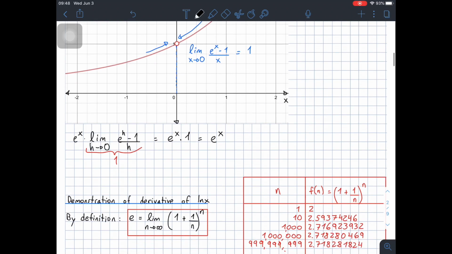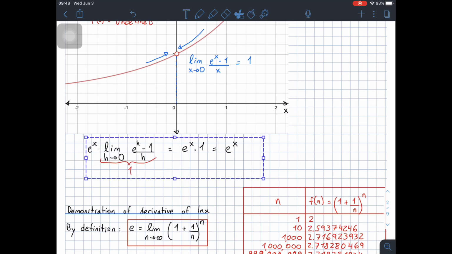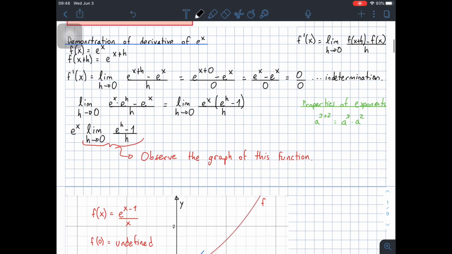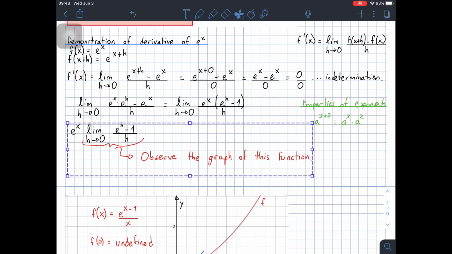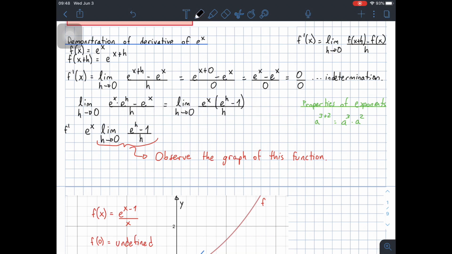So now we may conclude that, let me rewrite this just to avoid confusion here. Remember, we were finding f prime of x, by definition. f prime of x equals all of this, okay? So here we can also write f prime of x equals that, okay?